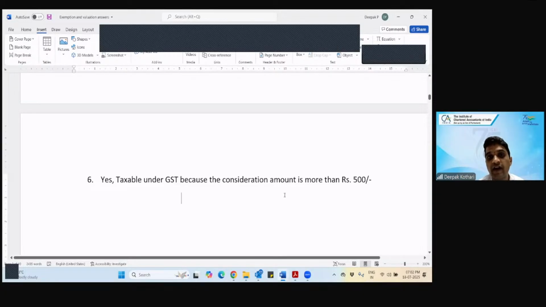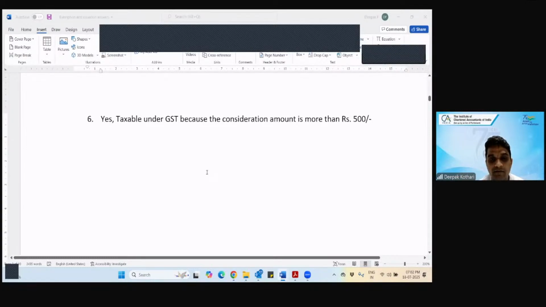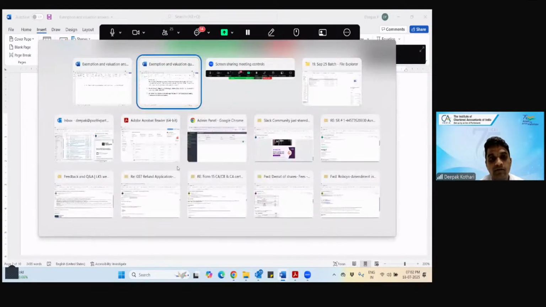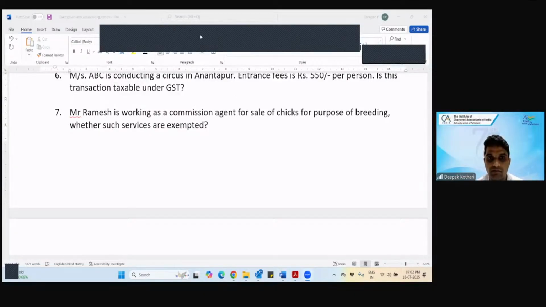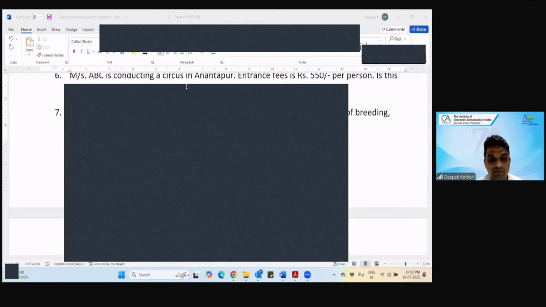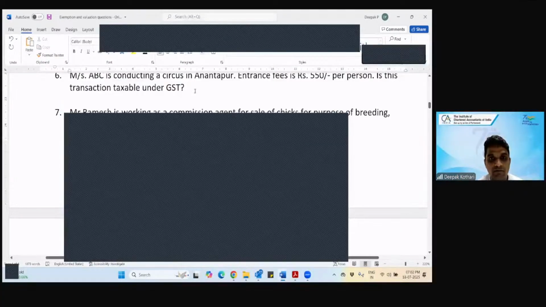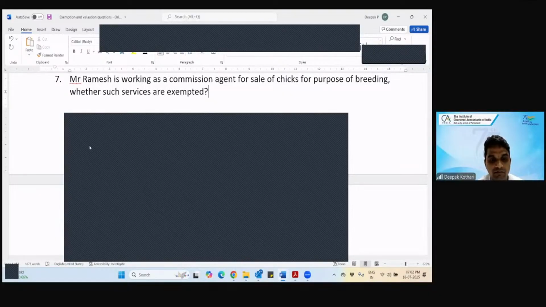If it is more than 500 rupees, the full amount will be taxable. The limit is 500 rupees, not 250 rupees.